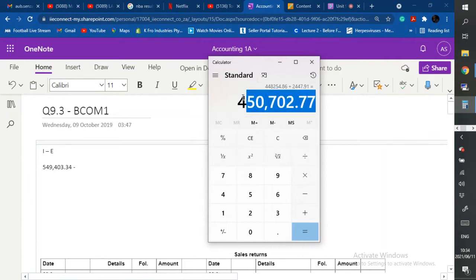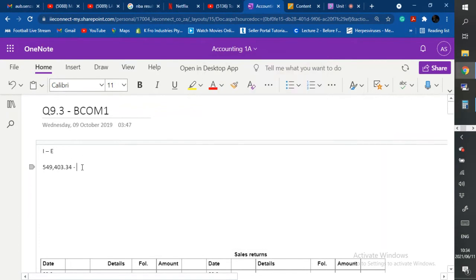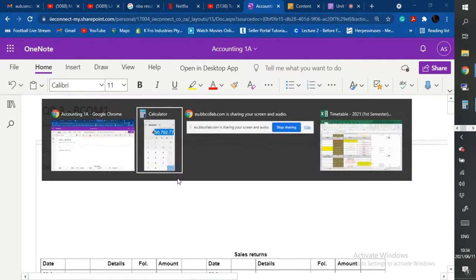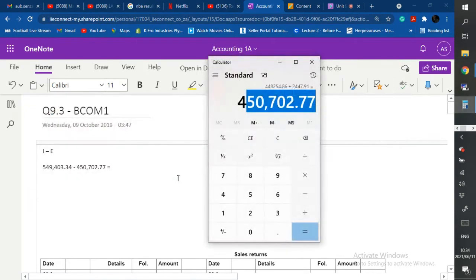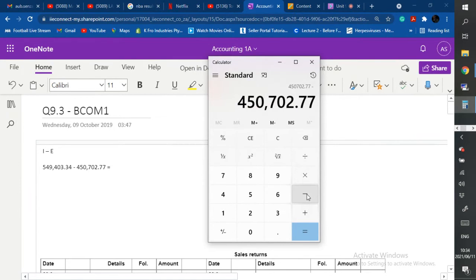Let me quickly copy that and then work out what was our profit there. I don't think I put the full, I think there's a 4 there. Okay, so now let's quickly see. Then we are saying this minus 549,403.34.